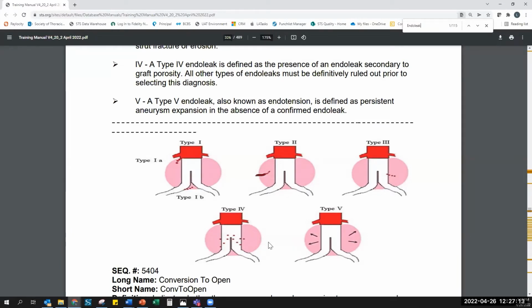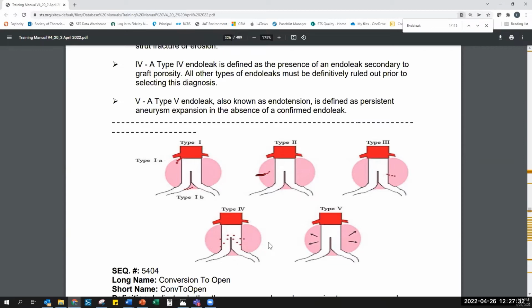This is where your surgeon comes in, and it's very helpful to help you identify what type of leak this is. And then we have a type 5A, known as endotension. It's defined as persistent aneurysm expansion in the absence of a confirmed endoleak.